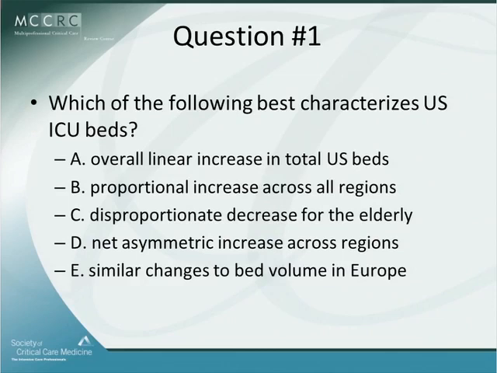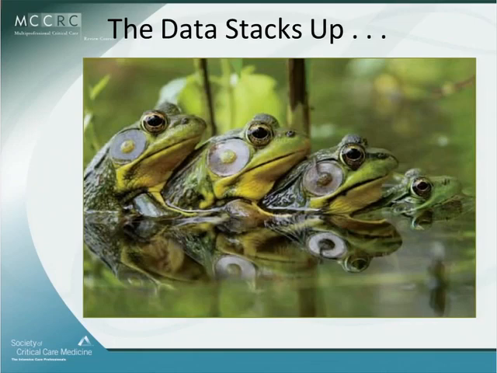And we have a predominance in 1, overall linear increase, proportional increase, disproportionate decrease, net asymmetric increase, similar changes to bed volume in Europe. And in fact, overall linear increase in total U.S. beds. Remember, the asymmetric increase, the nonlinear increase, was just when you parsed it by the elderly. So the data stacks up.